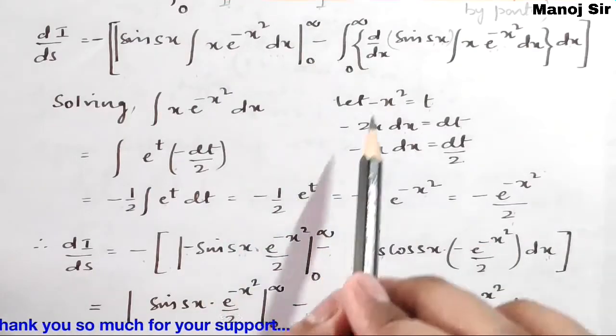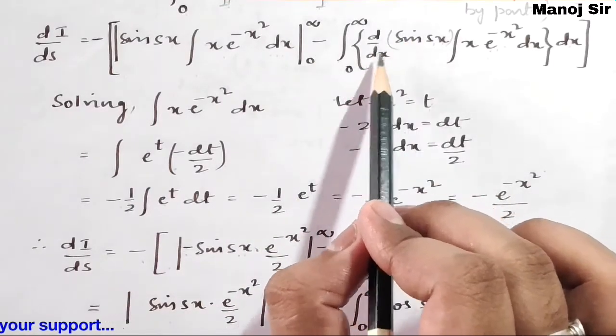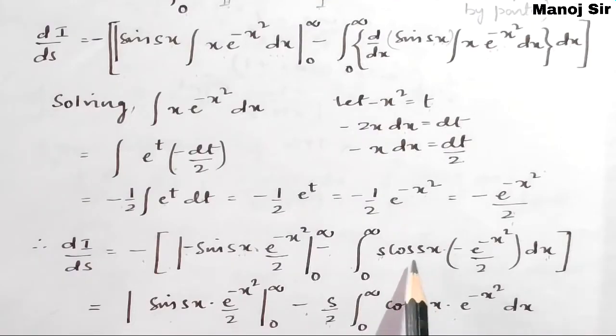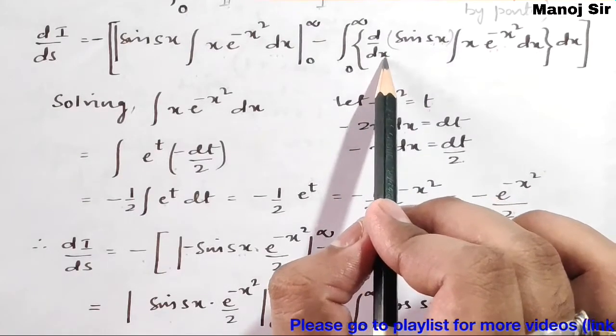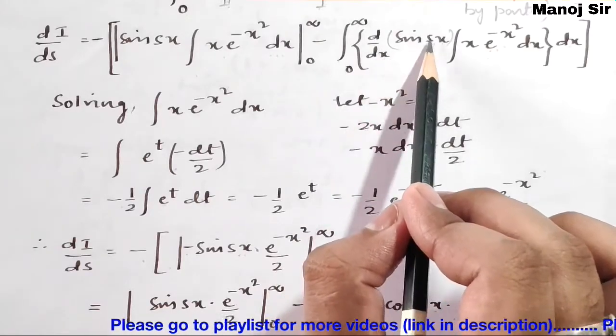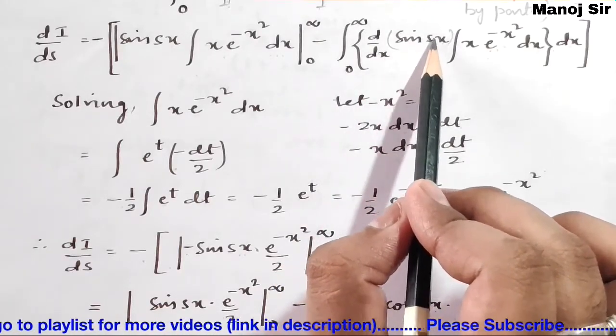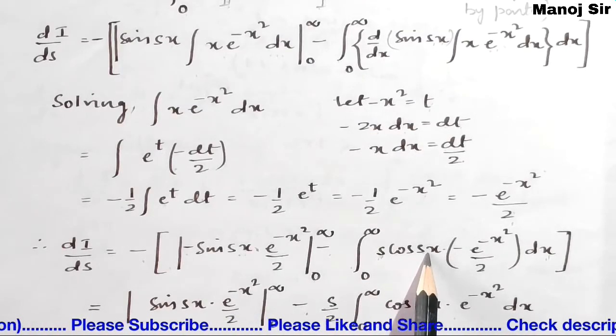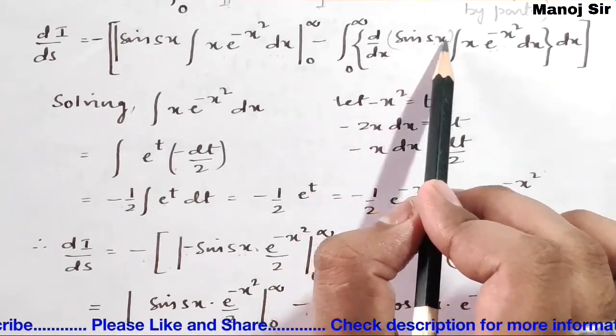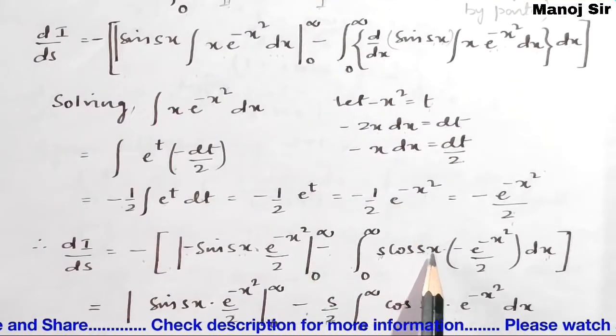Then again a minus sign here. Differentiation of this part will become cos sx. Since we are differentiating with respect to s, x will be treated as constant, so differentiation of sin sx will become x into cos sx.